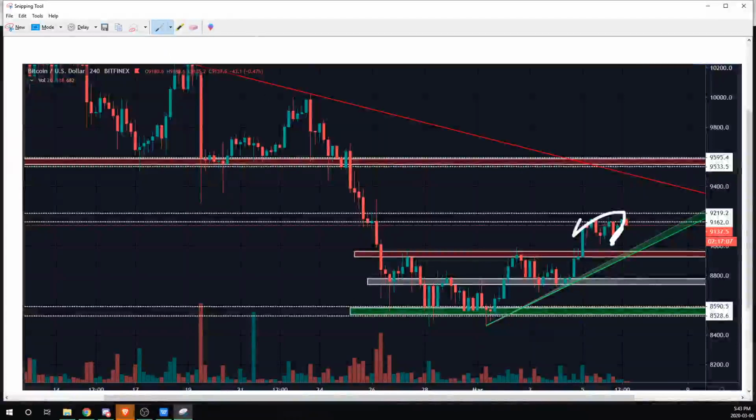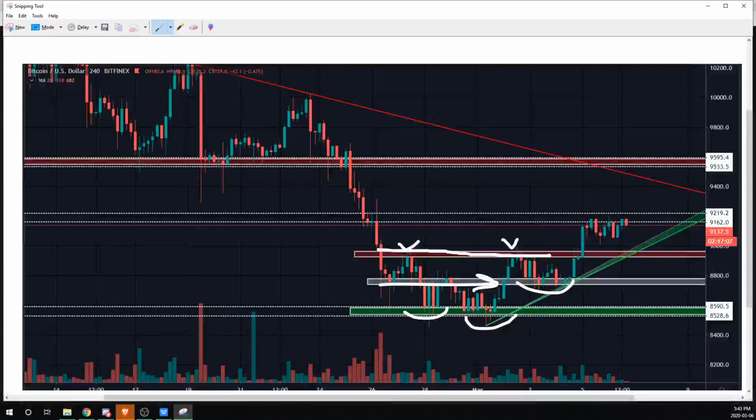Once we broke that high and formed the higher high, which was the break right here, now we're looking for a higher low, because we saw a low here that held the previous low, forming a consolidation. We formed a high here. That didn't mean that we're now breaking to the upside because we held this previous resistance, continuing the consolidation. Once we broke this resistance, okay, now we can say there could be a potentially bullish trend because we broke the previous high, making a higher high. Now we're looking for a higher low situation. Now we've held this previous low.